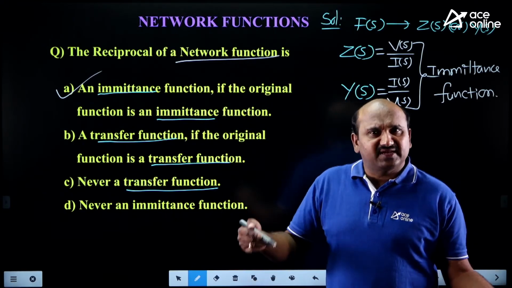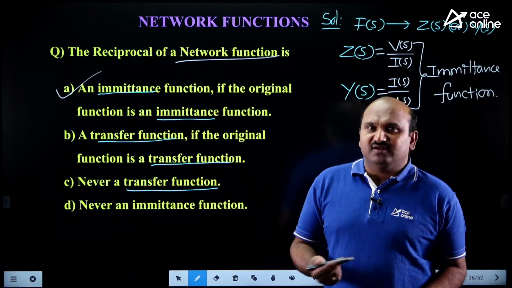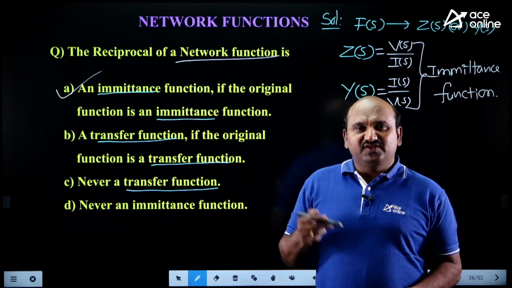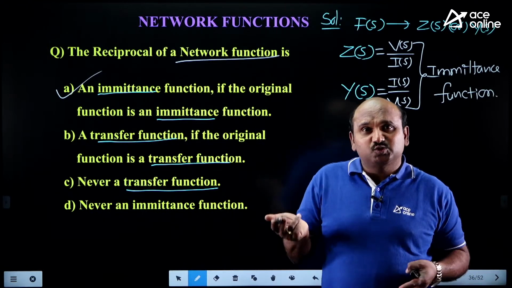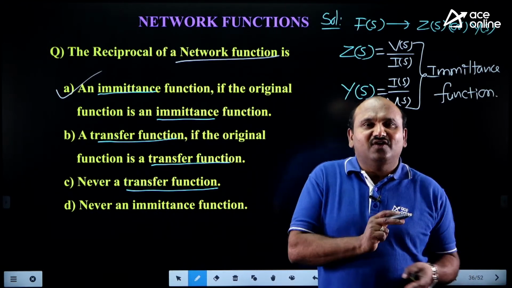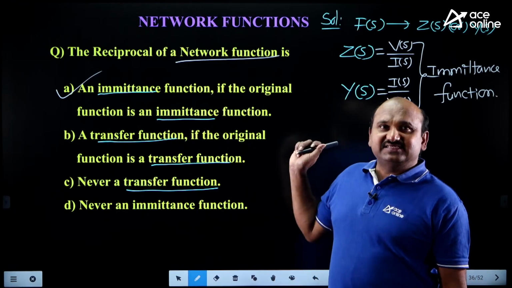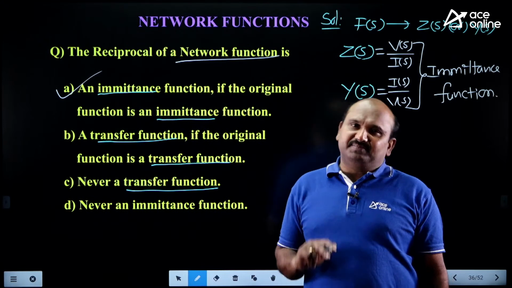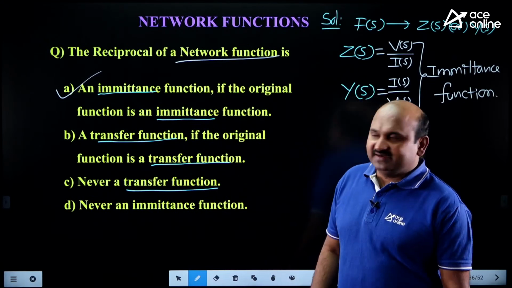Impedance can be either impedance or admittance, but we cannot take the transfer function. Transfer function means either V2 by V1 or I2 by I1. These are not equal here, but this can be referred to as either impedance or admittance. Reverse, right?